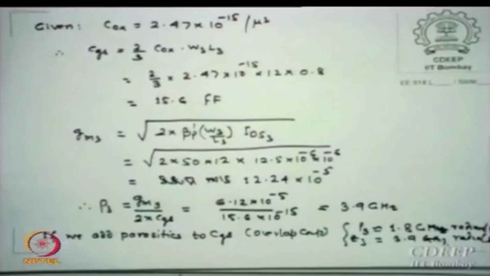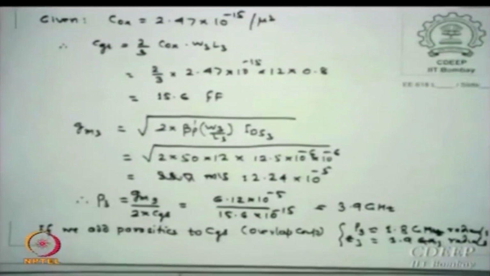But that COX is per unit area. So what is the area of this transistor? W3 into L3. What is the technology I am using? 0.8 micron, so I choose lengths as 0.8. It is not compulsory; you can choose some other values of length and still do everything.